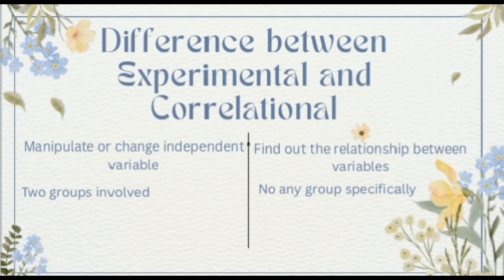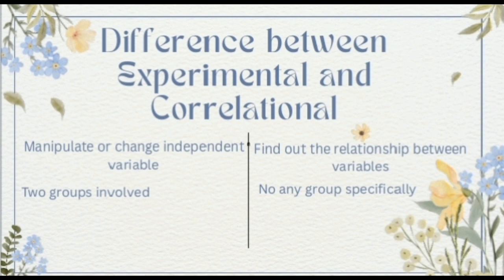So in the next slide we have the difference between experimental and correlational design. Many students get confused between these two designs, because in both designs we study variables. In experimental design we can manipulate or change the independent variable to check its impact on the dependent variable. But in correlational design we cannot change variables, we just check the connection or relationship between two variables.